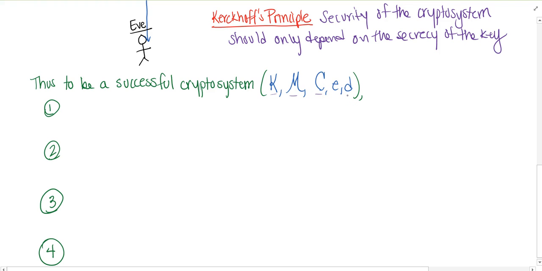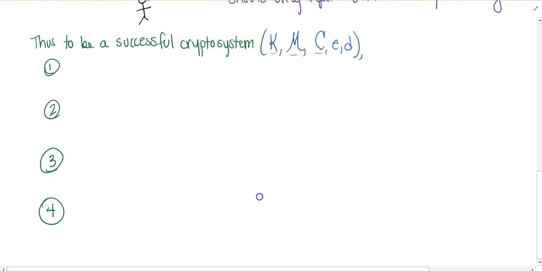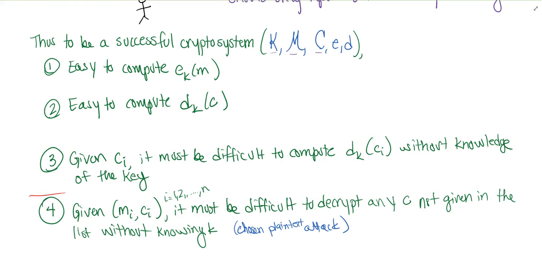The idea is that you have to have four properties, and I'm going to pause the video and write these out, and then resume once these are all posted. Make sure to take some time after and write all these down. Here are the characteristics of a successful crypto system. Properties 1 and 2 are pretty straightforward: it must be easy to compute the encrypted message and the decrypted message, given a message or a ciphertext.